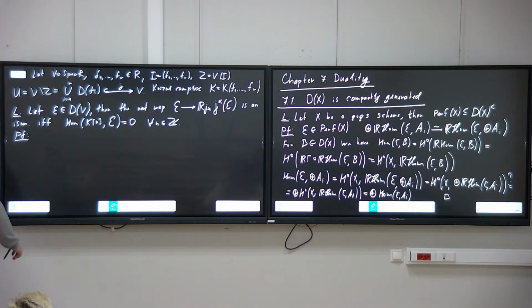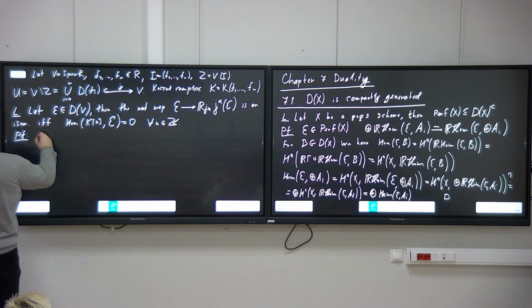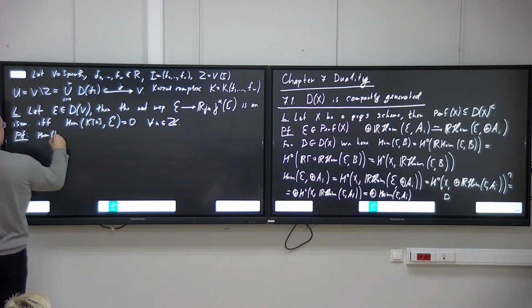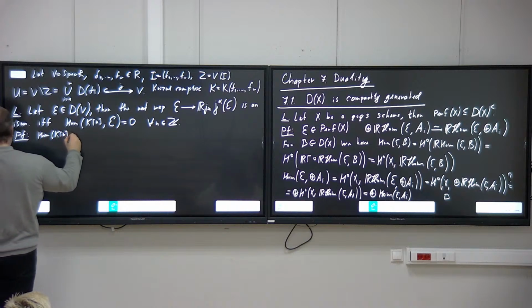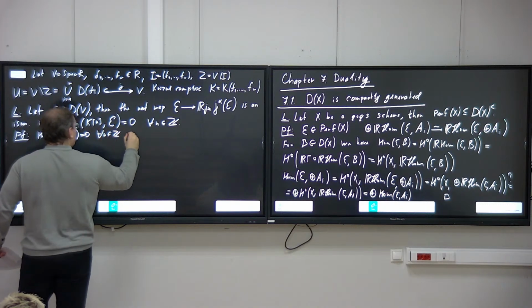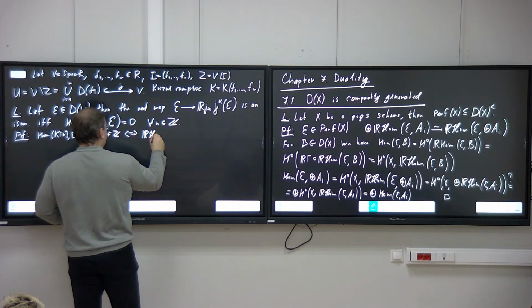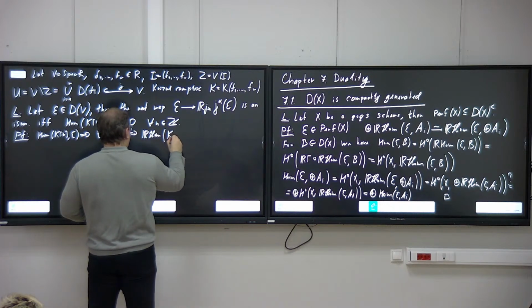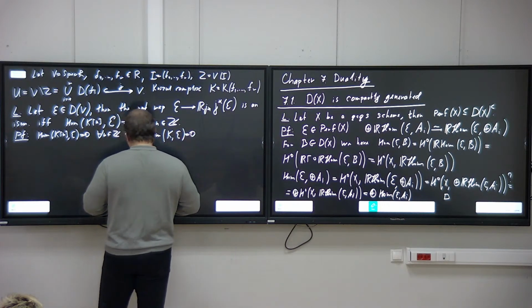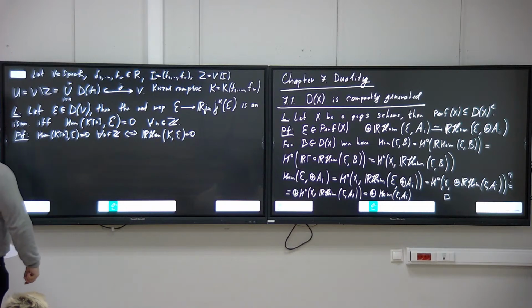So there might be a different proof for this statement, but here I want to notice one simple thing: the condition that Hom from the shift of the Koszul complex to E is equal to 0 for any n is equivalent to saying that RHom(K, E) is equal to 0. Now there is no n, right? And why is this the case?